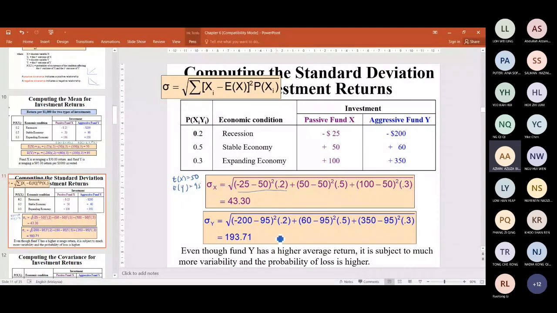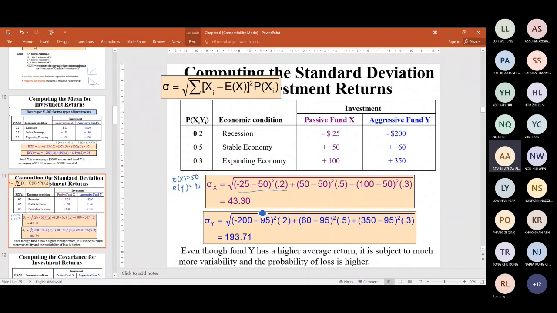If you can recall, there was one tutorial on the battery life last time. Similar to this, the one with the highest standard deviation is worse than the other one because it has higher standard deviation.